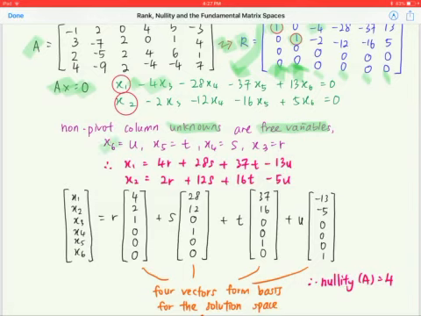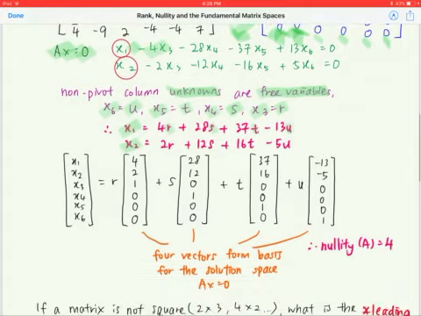Let's assume x6 equals u, x5 is t, x4 is s, and x3 is r. So we can express x1 and x2 in terms of x3 to x6. In this case, we use the letters r, s, t, u to represent it, as it's easier for us to write this way.